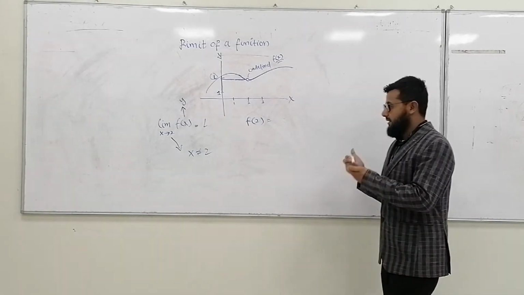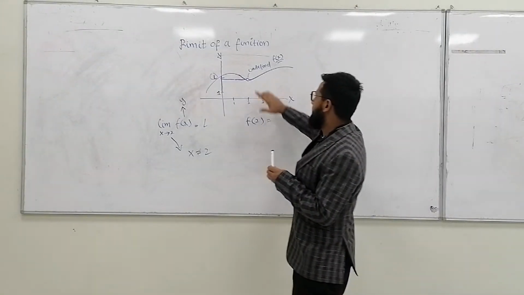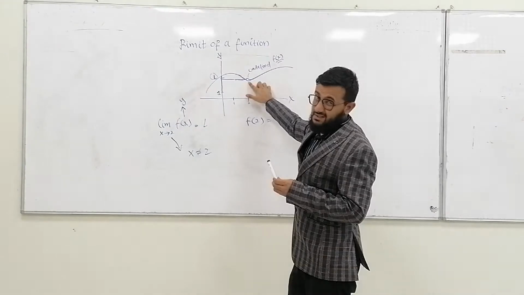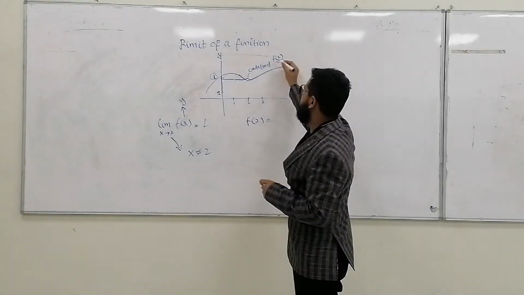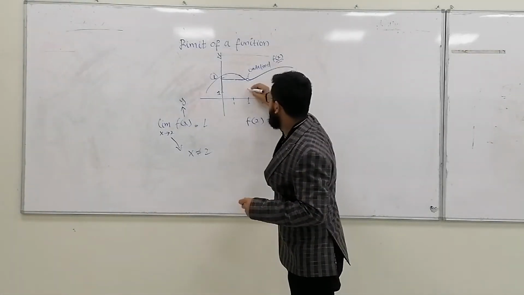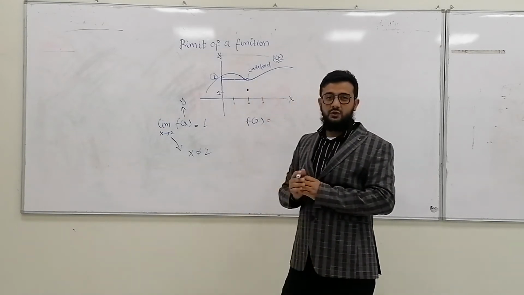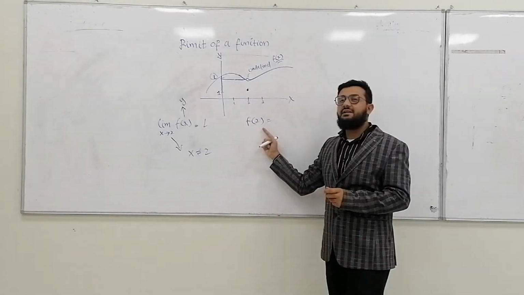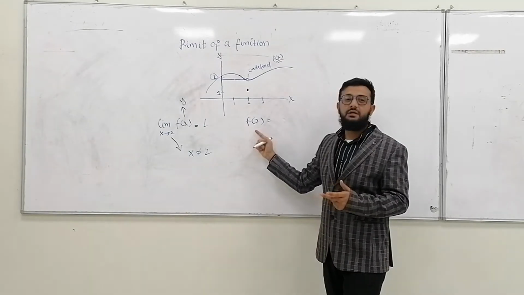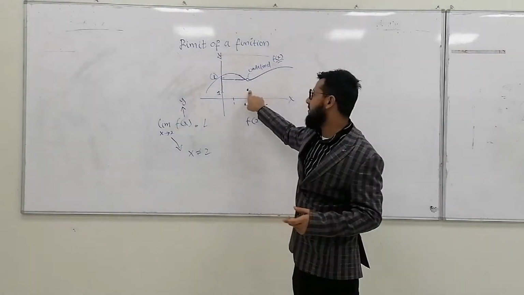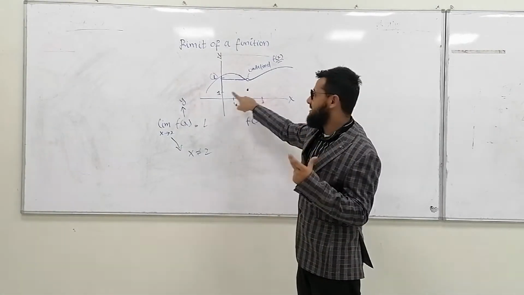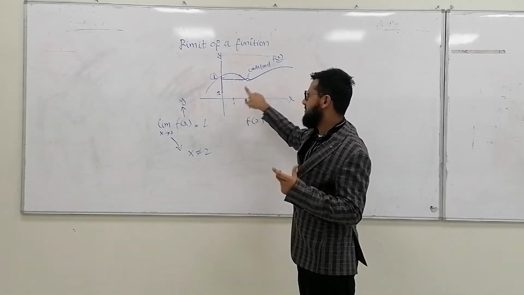Now, imagine this point is still hollow, but when I put the value of x as 2, the answer that I'm getting is, let's say, 1. So it is defined. At this point, the value of y, or f of x, is 1.